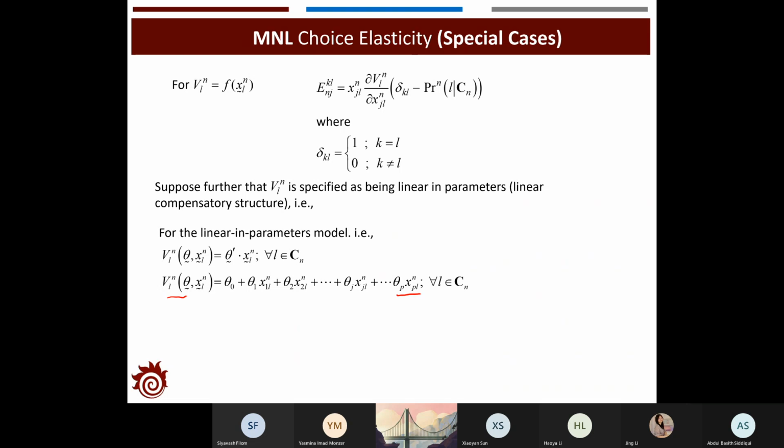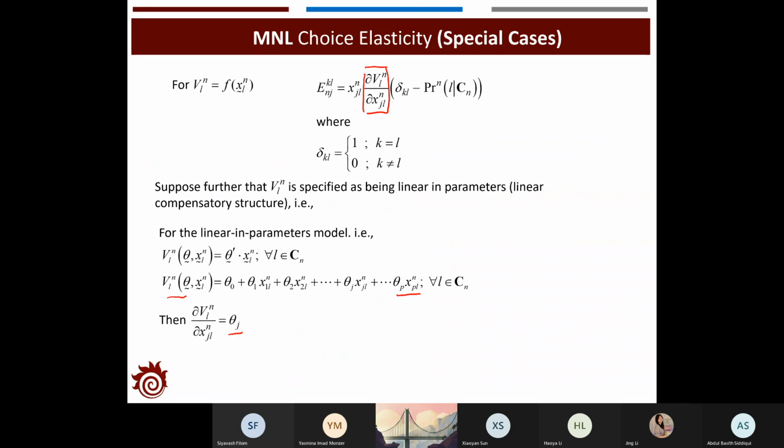With this assumption, this component in the elasticity will be easy for us to derive. So for the linear equation, we get partial VL divided by partial xjl as theta j.